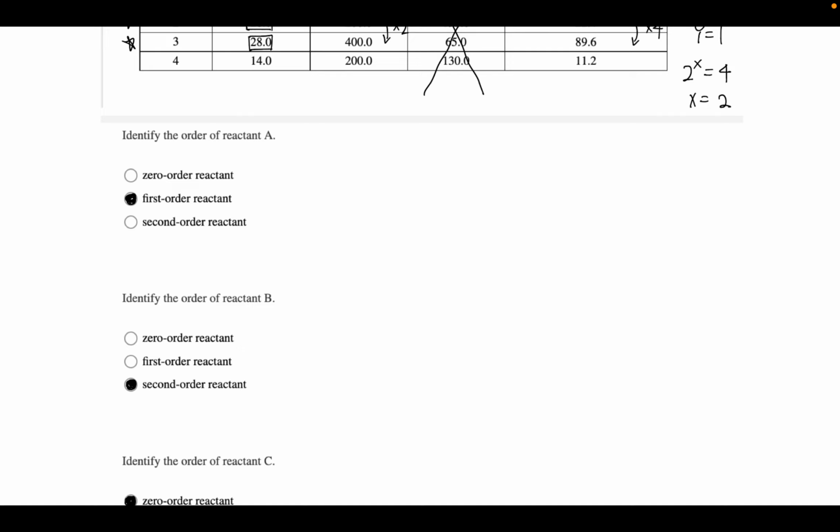Okay, so this is how you deal with the order of reactants A, B, and C respectively.